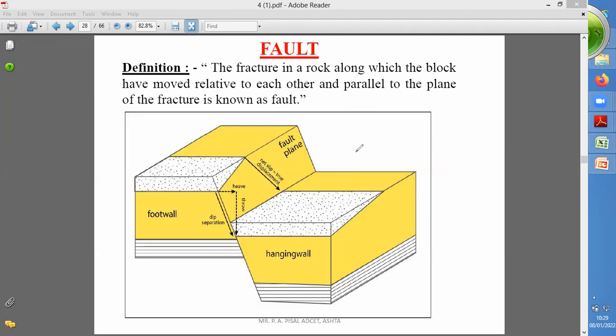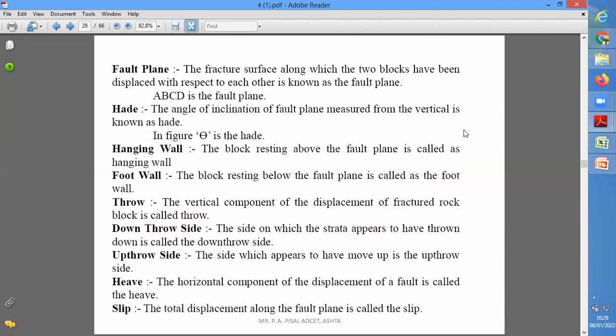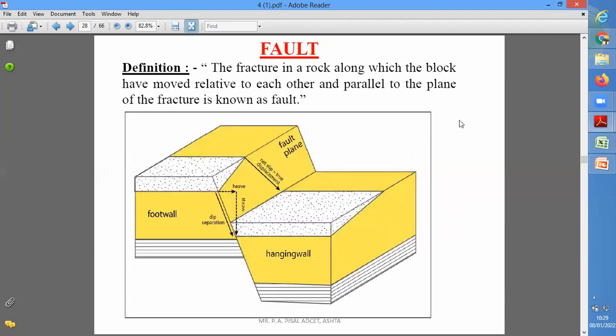Okay, now here we have to know another set of terms. Those terms are throw, heave and slip. Now what is the meaning of throw, heave and slip?